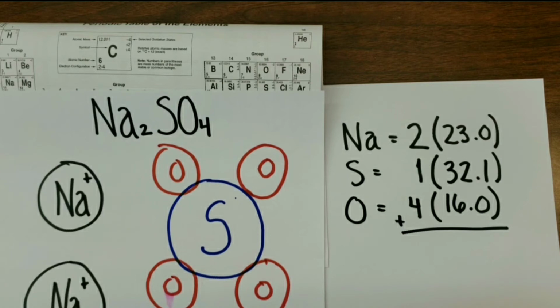The formula mass of sulfur, which is recorded to 32.06, rounds to 32.1 when rounding to the 10th place. An oxygen's mass of 15.9994 rounds to 16.0 to the 10th place. When we take these numbers and add them together, we get a final mass of 132.1.